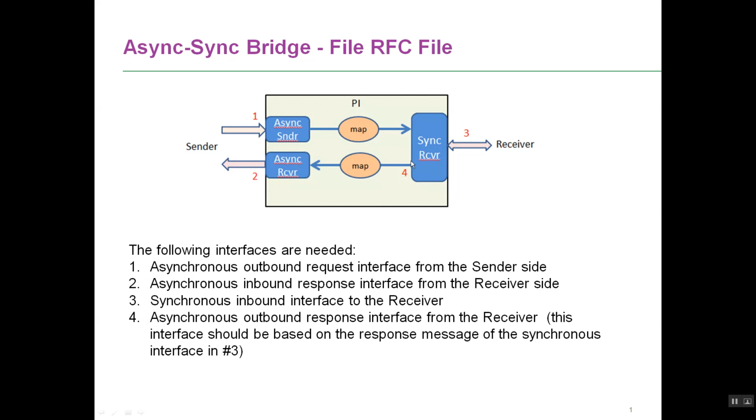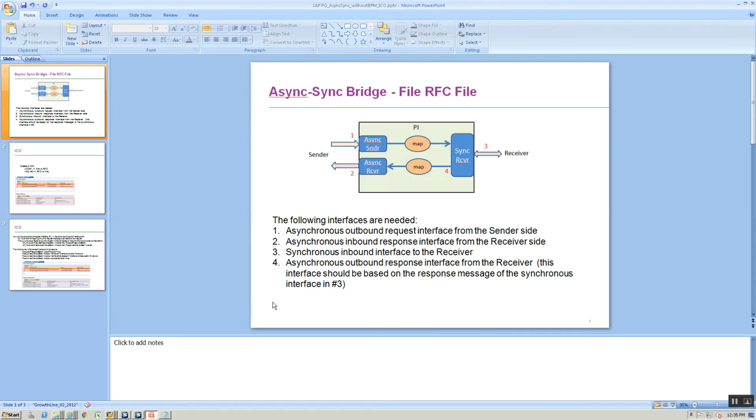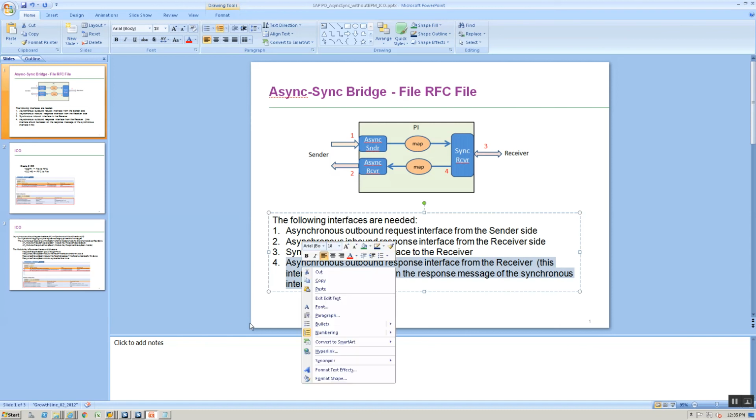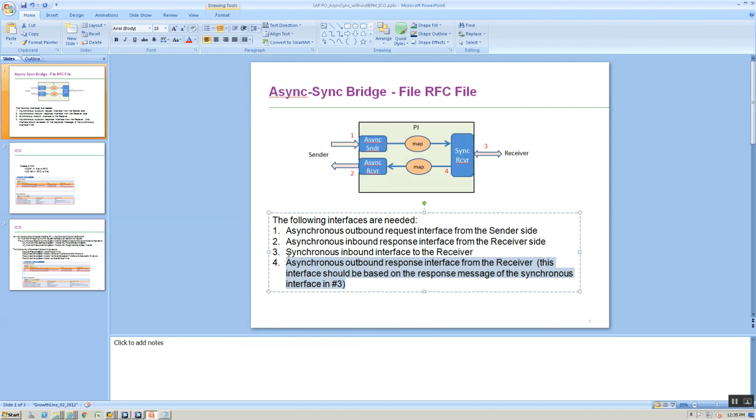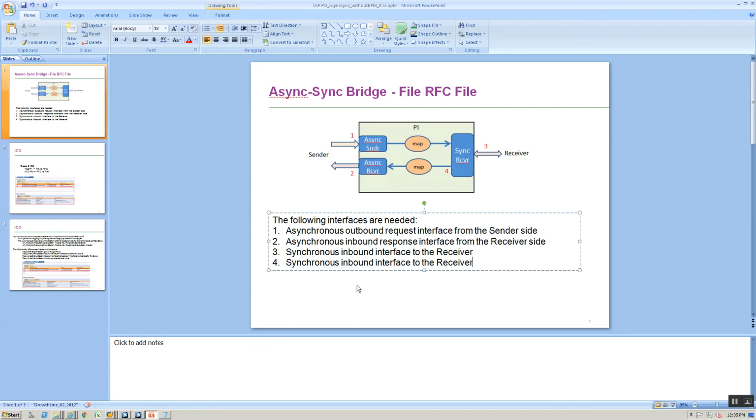This was something that we learned because of the bug. So we can use the BAPI user get detail. The same service interface can be used for line 3 and line 4. For line 3 and line 4, this is not needed. I'm just going to delete it. We'll just use the same thing that we had here for line 3 for line 4, and that is exactly what we did.